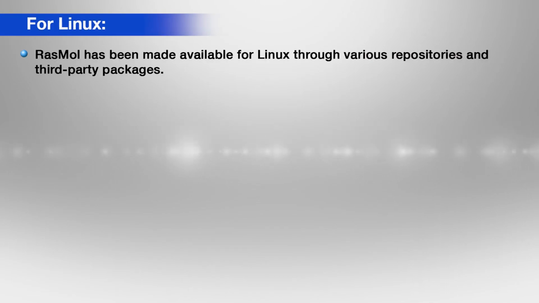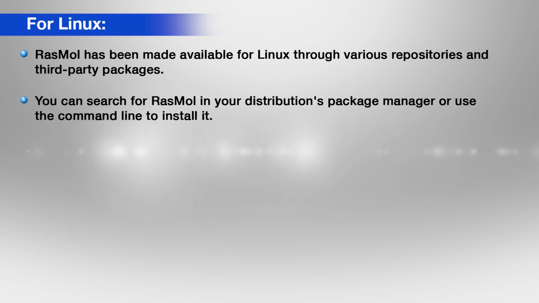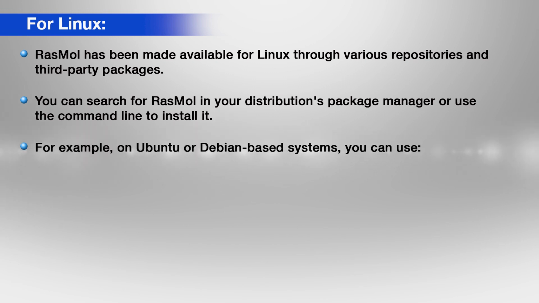Installation for Linux system. RASMOL has been made available for Linux through various repositories and third party packages. You can search for RASMOL in your distribution's package manager or use the command line to install it. For example, on Ubuntu or Debian based systems, you can use sudo apt-get install rasmol.